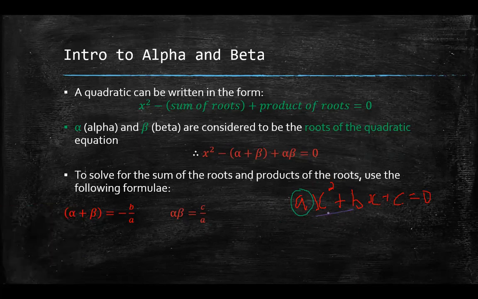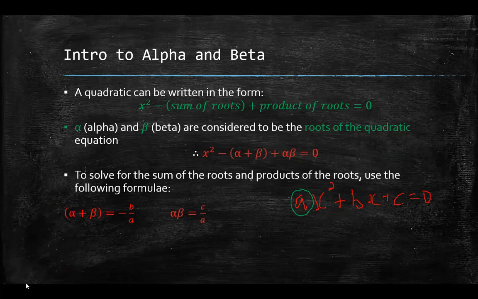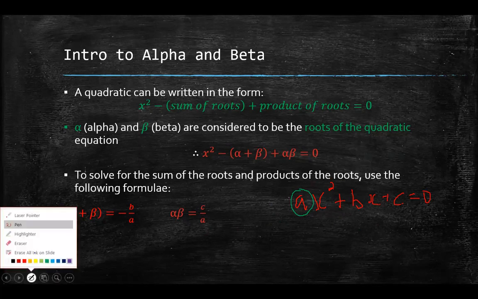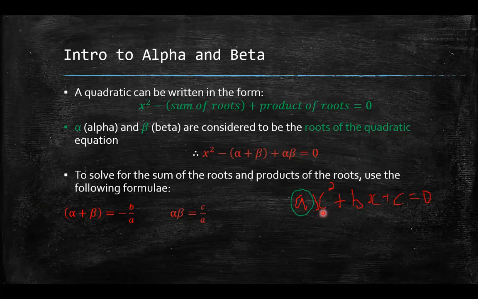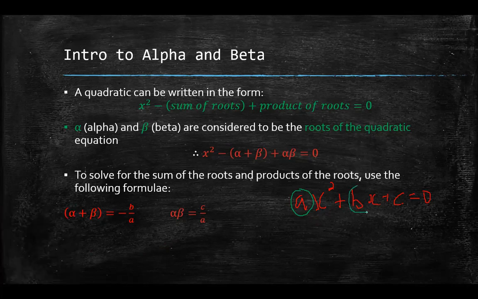You can see x squared there, and a is the coefficient, so that just means a is in front of it. B is the coefficient of x, so b is in front of x. C is just a constant.